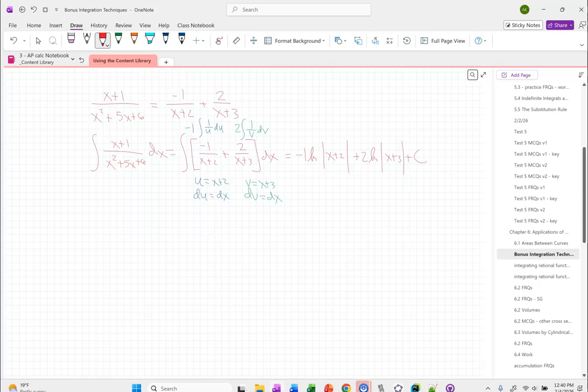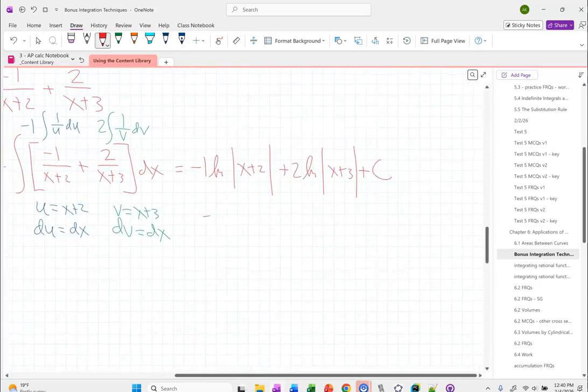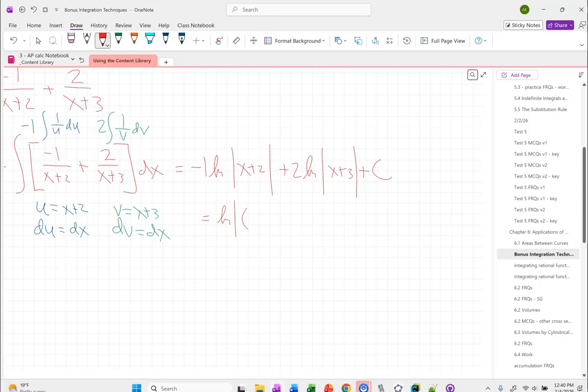So remember that these coefficients at the front of our logarithms can be moved inside the logarithm where they become exponents. And remember, to the power of negative 1 is like a reciprocal.